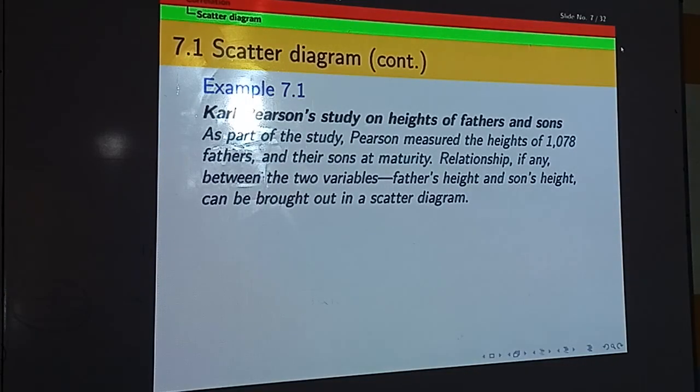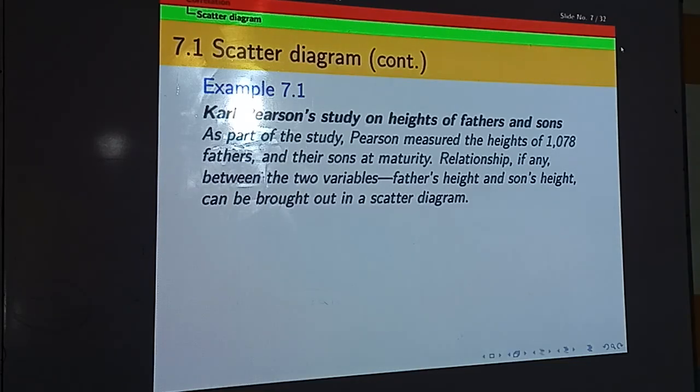Here there's an example from the book, Karl Pearson's study on heights of fathers and sons. I'm not sure whether they talk about only one son per father, but there may be several sons. So I don't know which son they considered. Whether they considered fathers with only one son, I don't know.